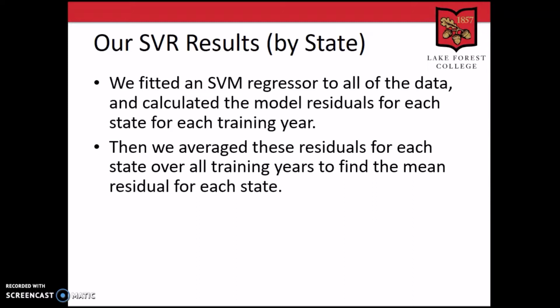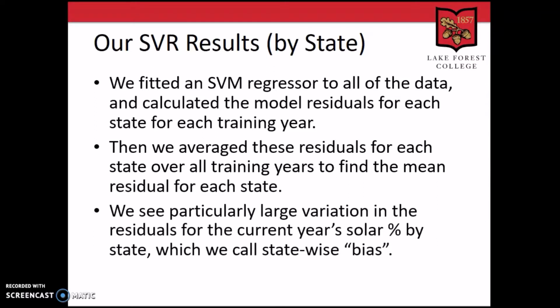So when we predicted the solar energy installation value for a state and we found the state did not achieve this value, we said the state has a negative bias. When we saw that a state's real value exceeds the prediction, we say the state has a positive bias.